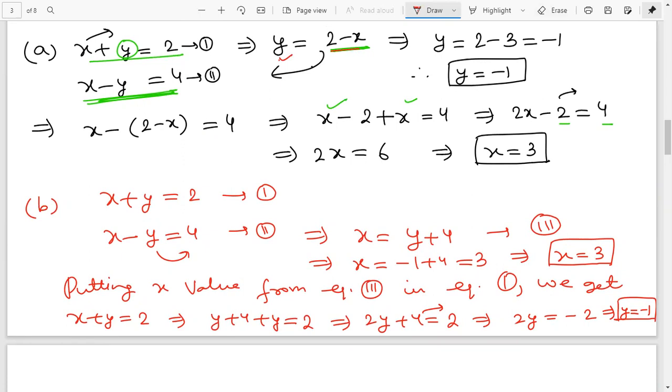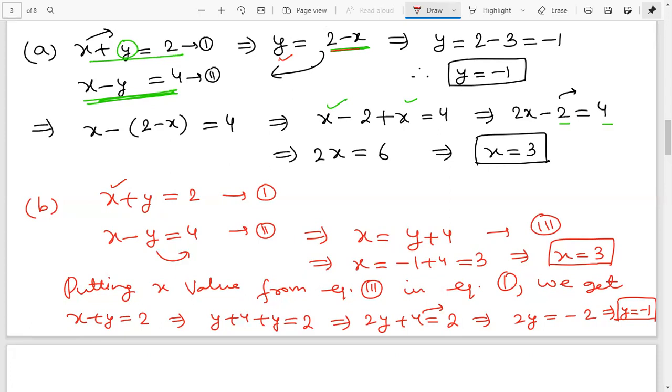In this case we have written the x value in terms of y, and then substituted this value in equation 1, basically the x value obtained from equation 2 in equation 1, because in equation 1 the x term is not there, only y variable is there. Y is a single variable.